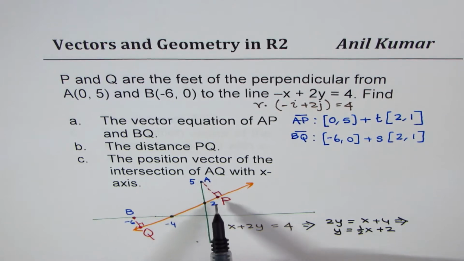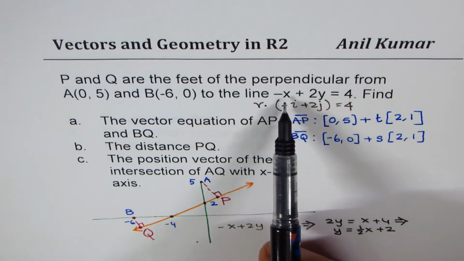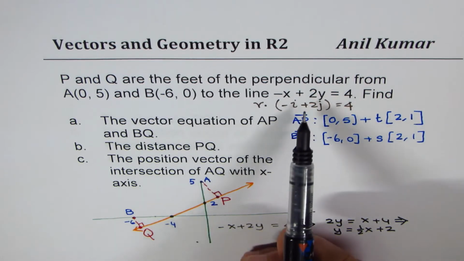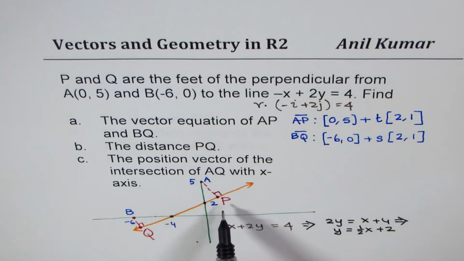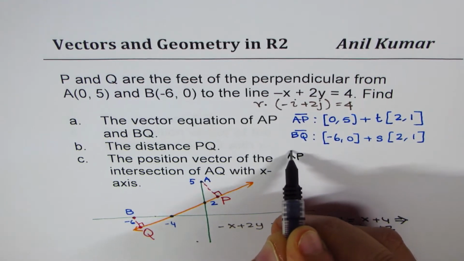So the slope of the perpendicular will be -2, as some of you know, we can just flip this. These are also slopes of the normal to the line. So we can flip this and write down the equation in standard form. Let me write down again the equation of AP.